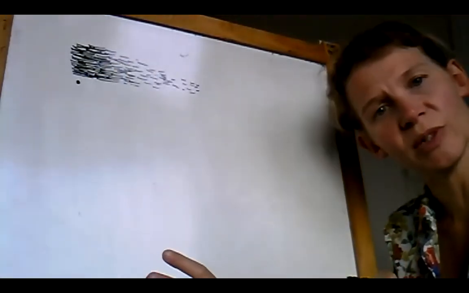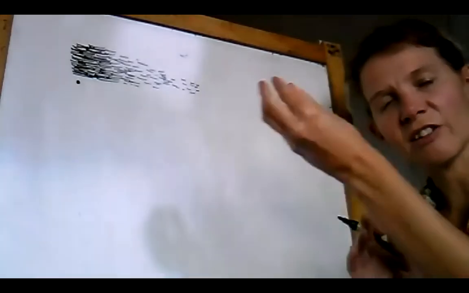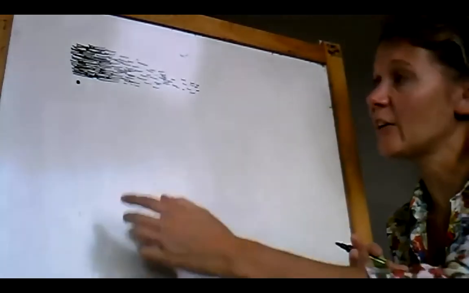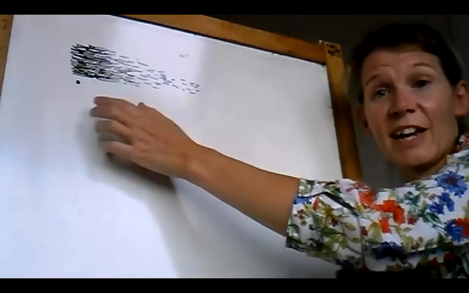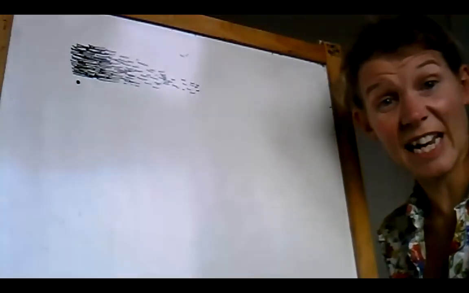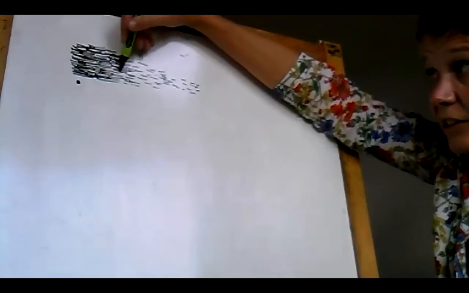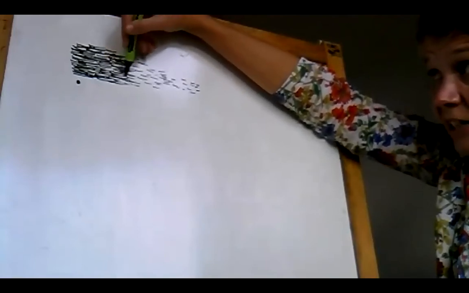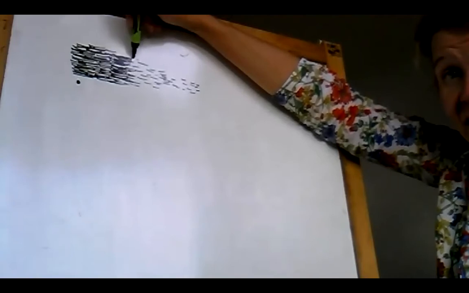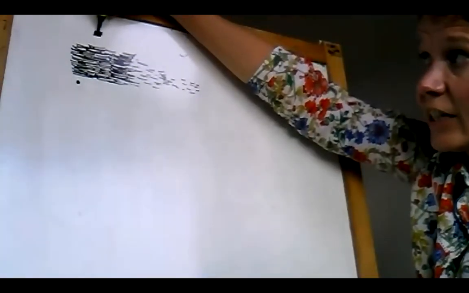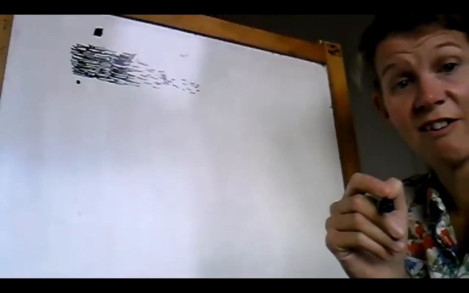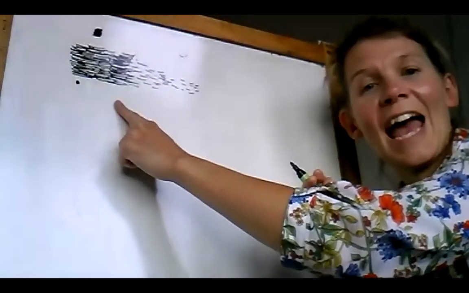Because my lines are closer together, so they're creating more of that shade and that value, whereas here they're more spaced out, so it looks lighter, but I've not coloured it in. And if you want to create the darker bit, you just keep adding your hatching, and that section you can already see is getting darker, but I'm not colouring in like that. I'm just using lines. So this is called hatching.